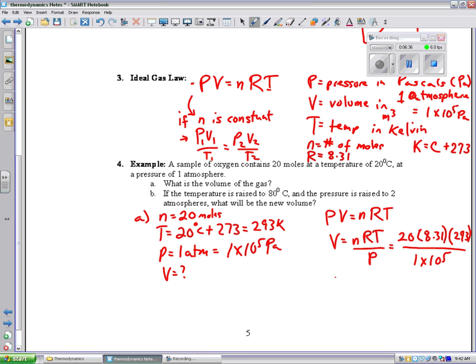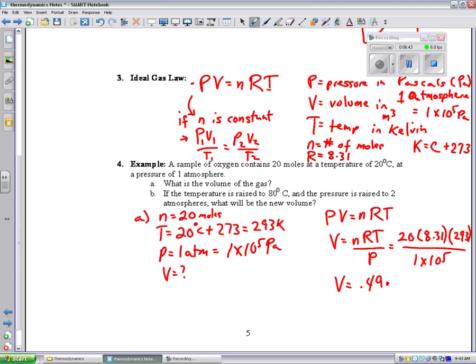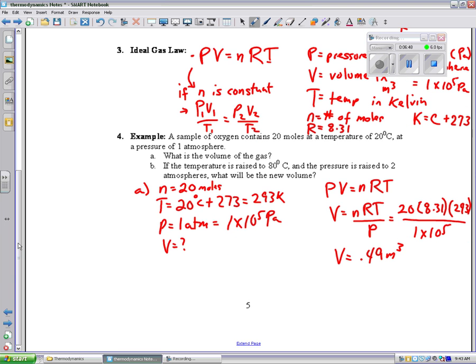If we solve this, we'll get a volume of 0.49 meters cubed.